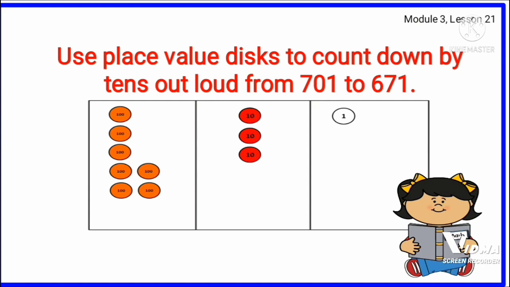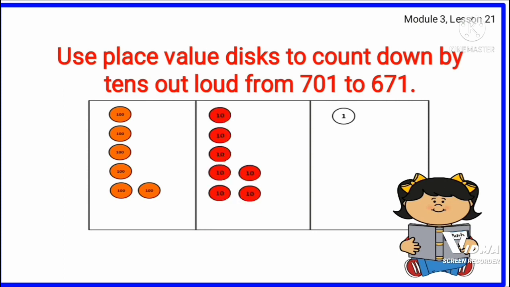Let's use the place value chart to count down by tens out loud from 731 to 671. Okay, that is 631, 621, 611, 671.